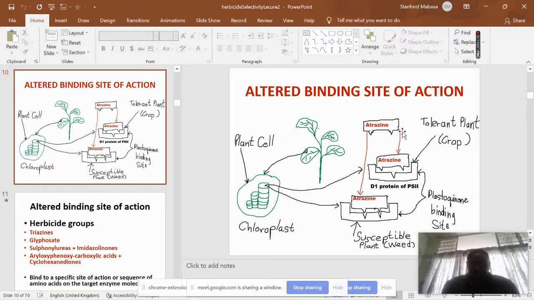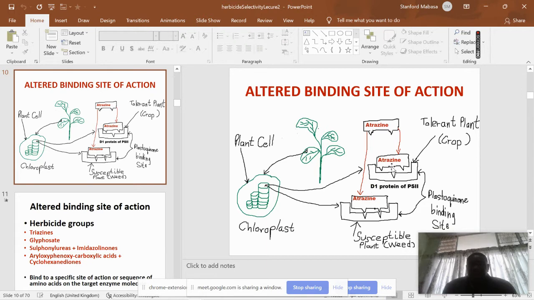We can represent atrazine with this shape, which can fit into this part of the enzyme known as the D1 protein of PS2, or simply the plastoquinone binding site, which is actually part of the enzyme.